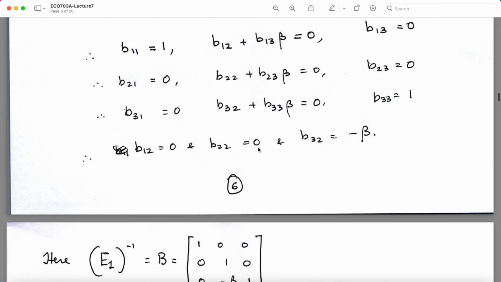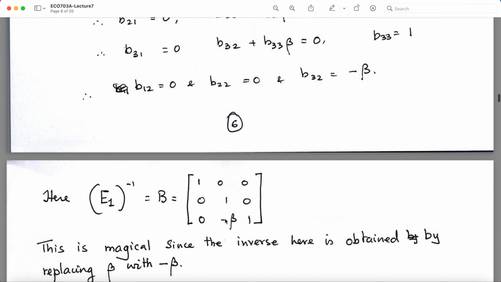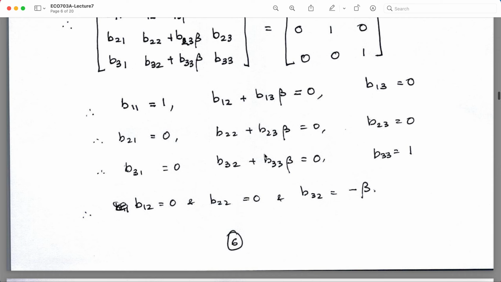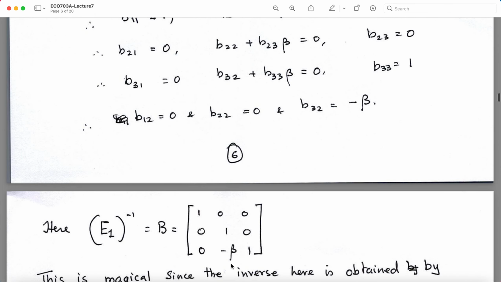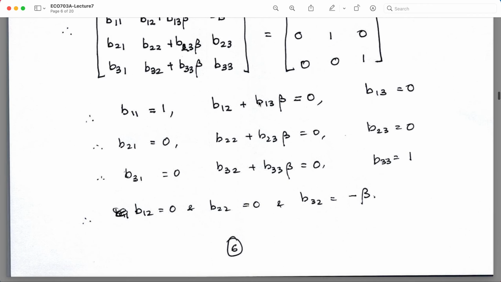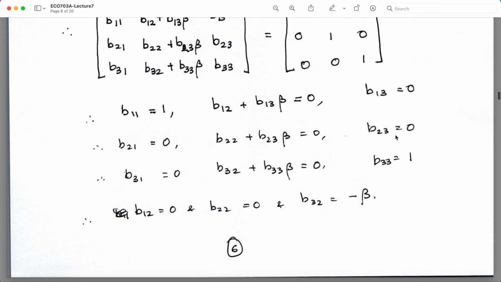So B32, that is this place, should become minus beta. So I put this as minus beta. Right. Now, what is B22? Right. B23 is 0, so B22 is 1, right?